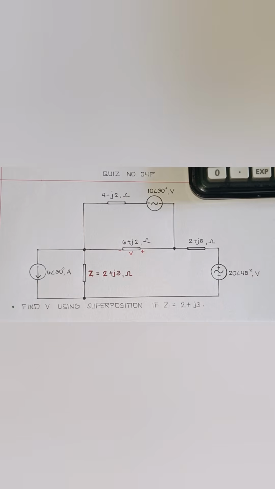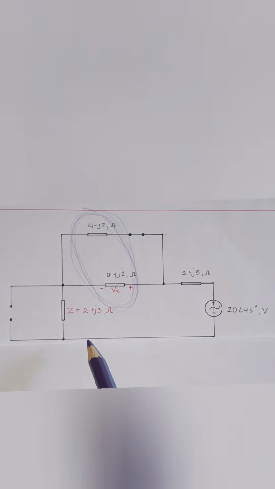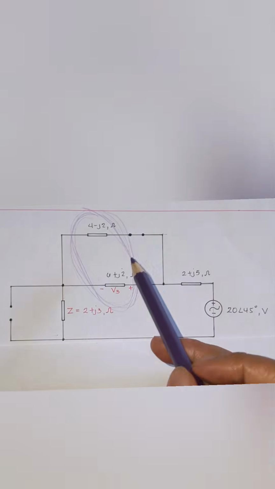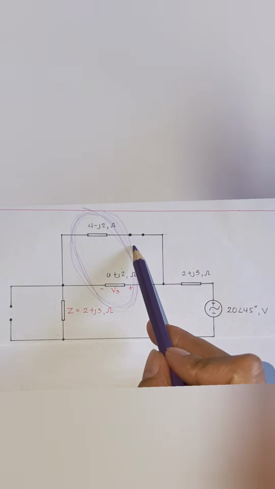And again, for the last part, we go back to the original circuit and now consider the 20 angle of 45 degrees voltage source acting alone. Applying the superposition theorem, the current source is opened and the other voltage source is shorted.